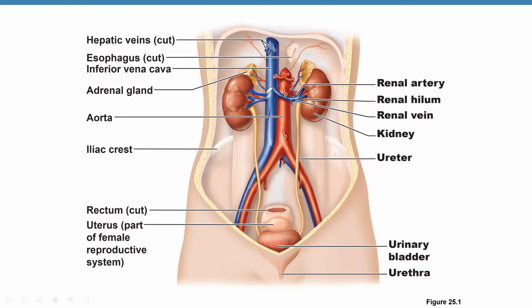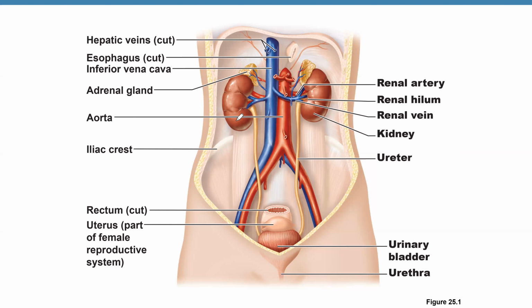Those are renal arteries. Then your kidneys clean your blood, filtering out different molecules and ions, maybe toxins, from your blood.